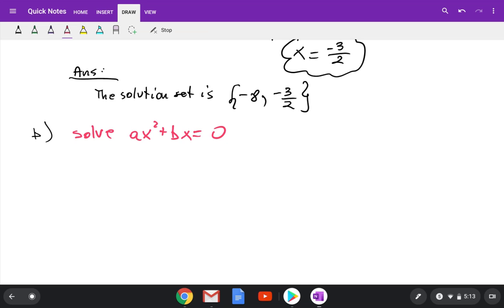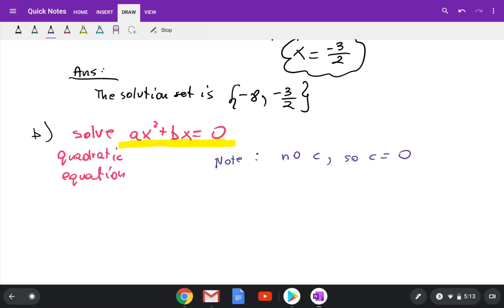Those types of equations. A quadratic equation is in the form ax squared plus bx plus c. So let's write a note: no c. So c is equal to 0.